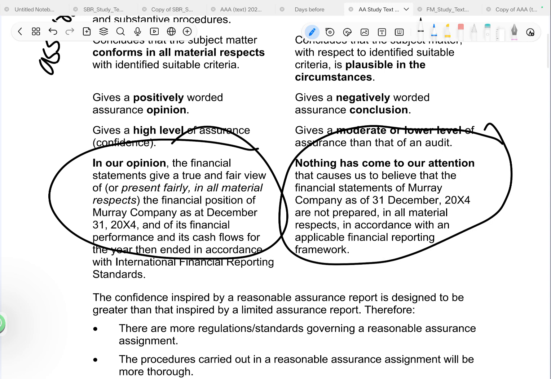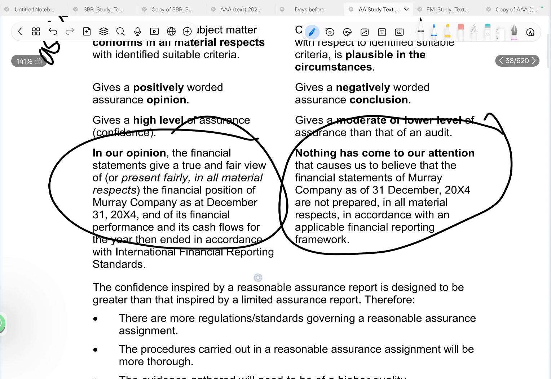Because of this difference, reasonable assurance engagements have more regulations and standards, and the procedures. Sorry, I cannot just write and speak at the same time. I'm just going to note it down over here so you can copy it down in your own notes.